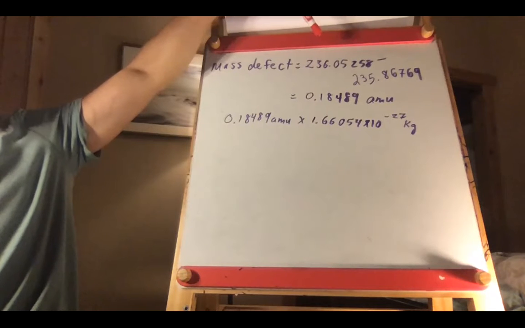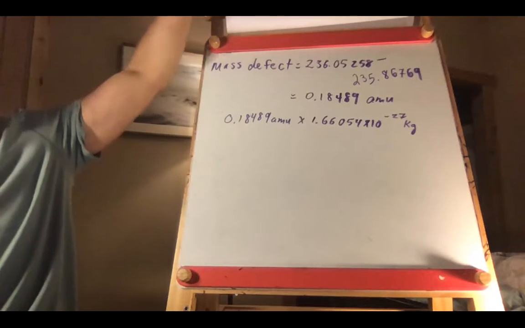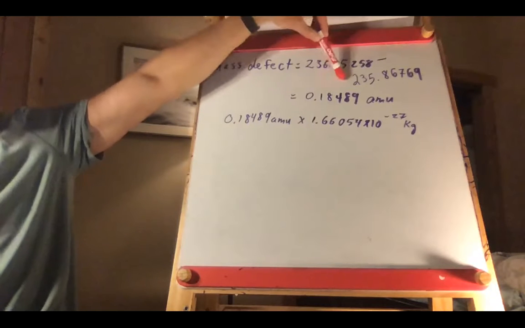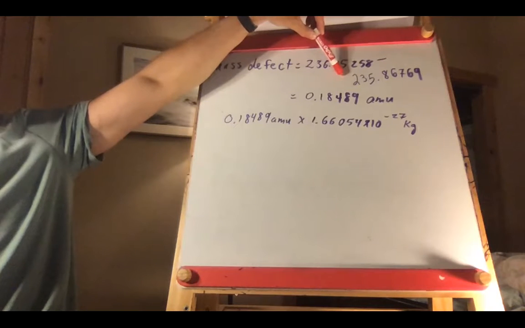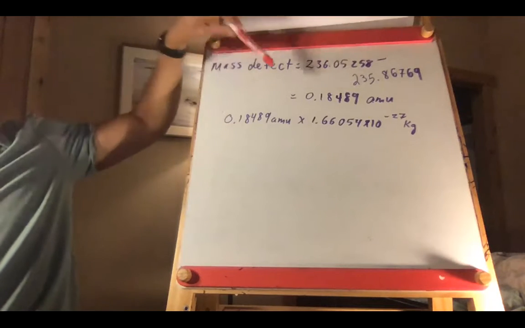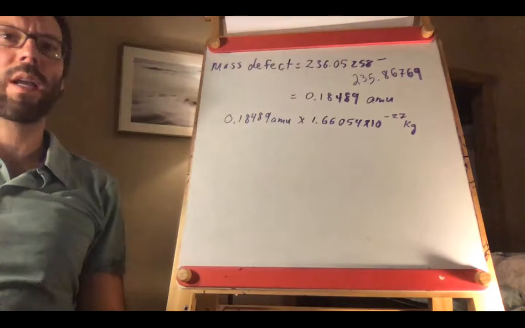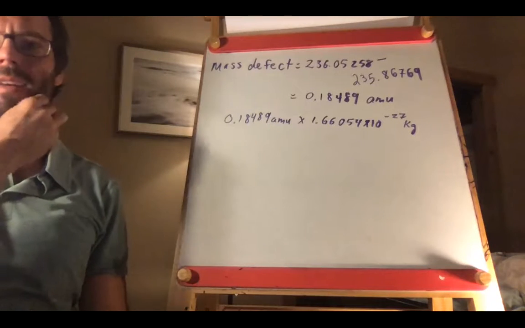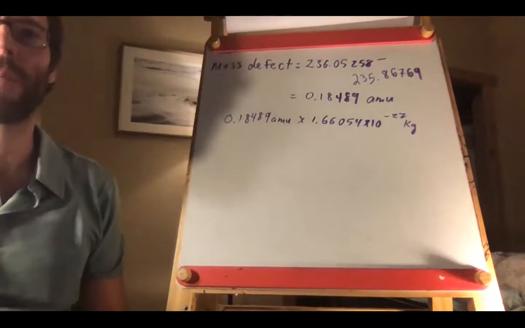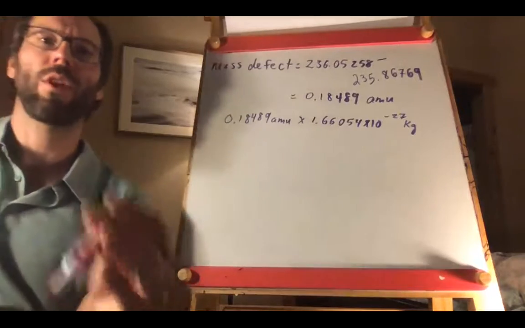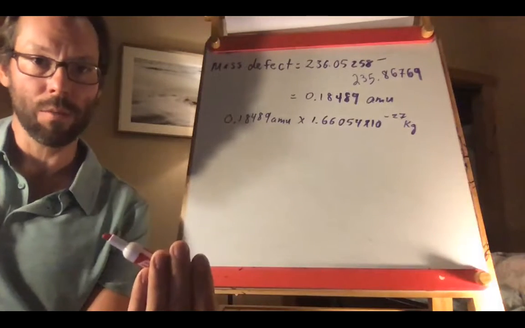So that's the mass of the reactants. We subtract the mass of the products, 235.86769, and we get 0.18489 AMU. Now we have to convert that AMU to kilograms.